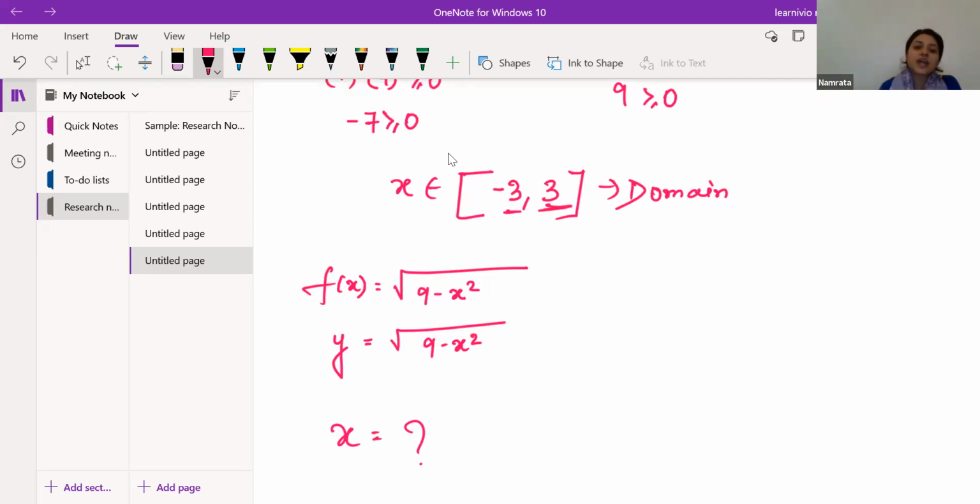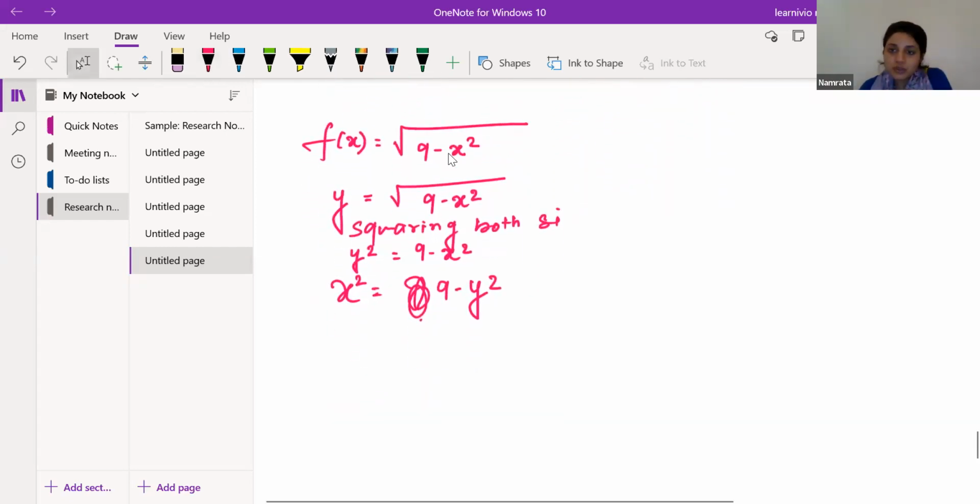So what we will do at first is square both sides. Once we square both sides, this will be y square is equals to 9 minus x square. From here, we will get x square is equals to 9 minus y square. Is it clear to everybody?